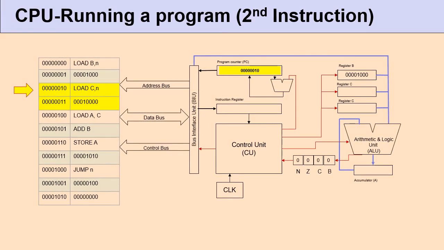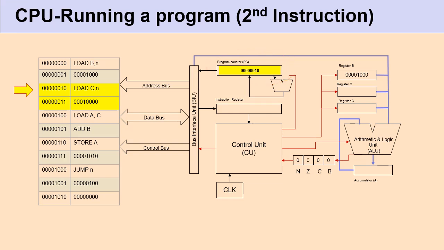As soon as the first instruction cycle is completed, the CPU will start the second instruction cycle. The process will be more or less the same. But by this time, we know that our program counter register has the value 000010, the decimal equivalent of 2, stored as the address of the next instruction to be fetched.